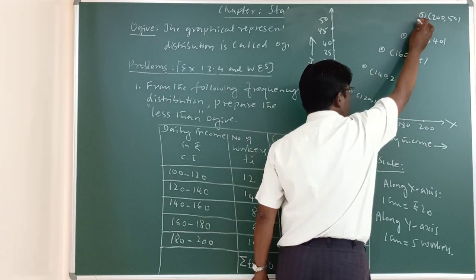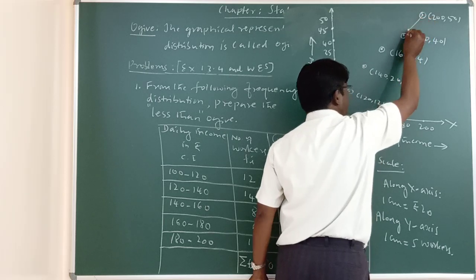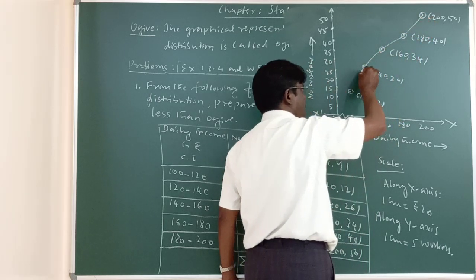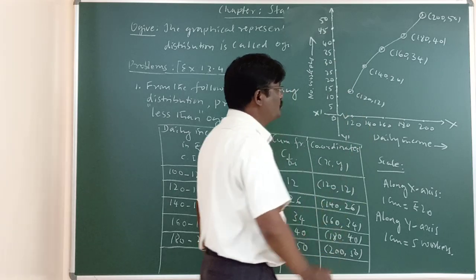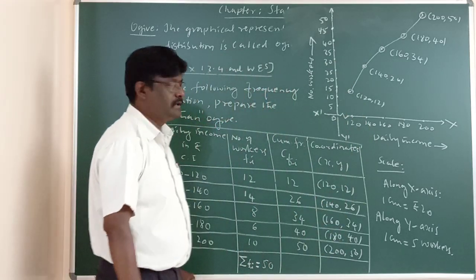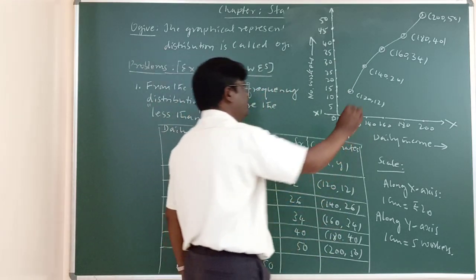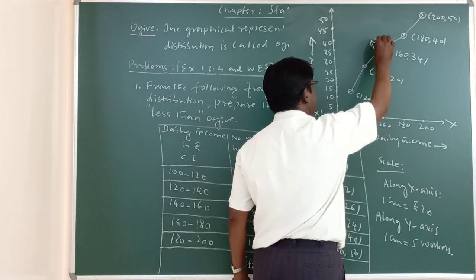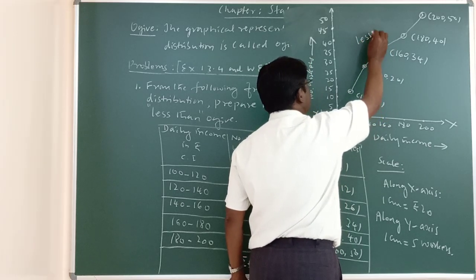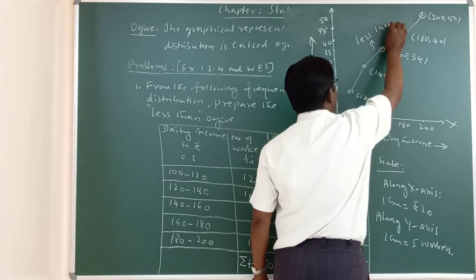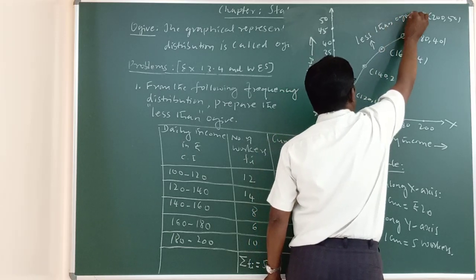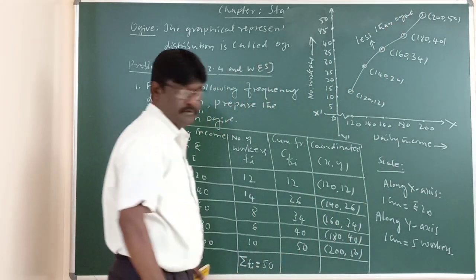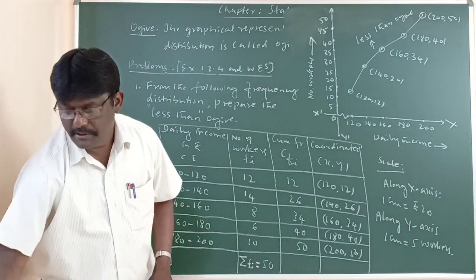Very accurately we have to join. This smooth curve denotes what? Less than OGIVE. With respect to the given frequency distribution, less than OGIVE.